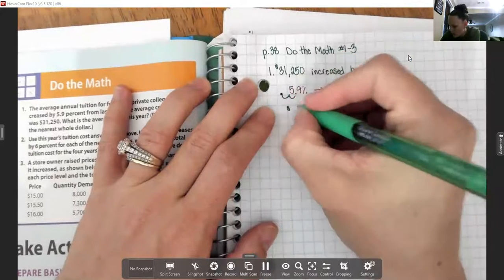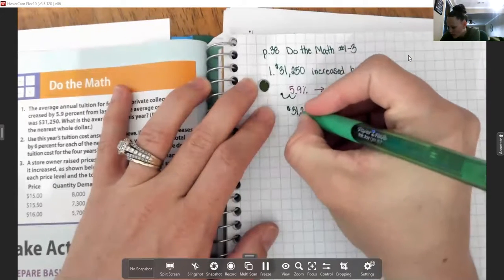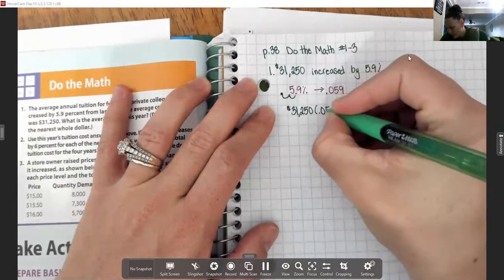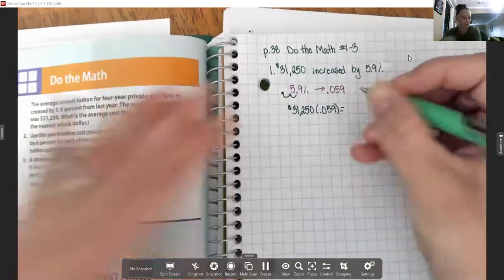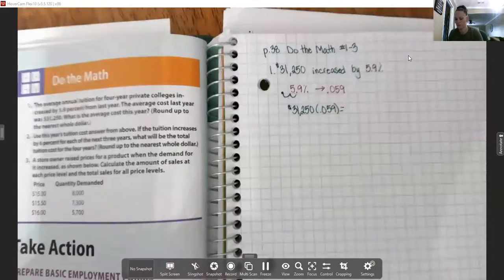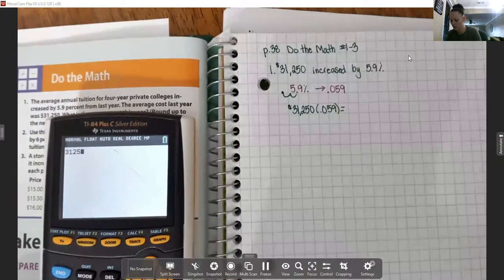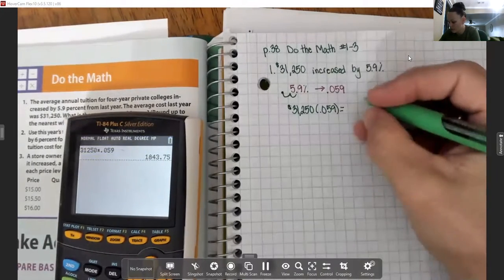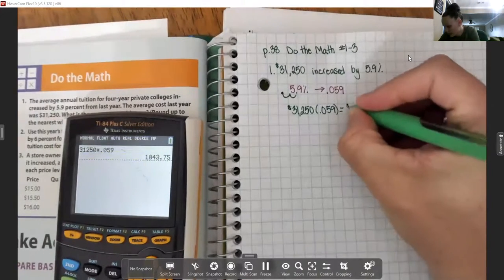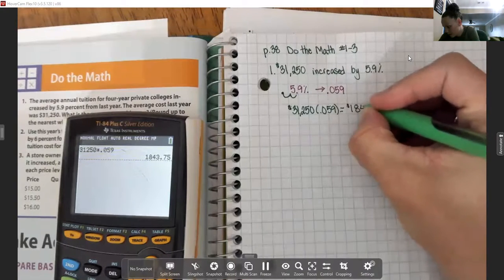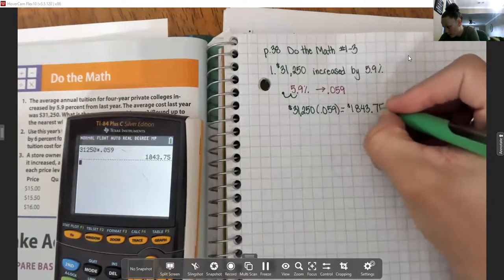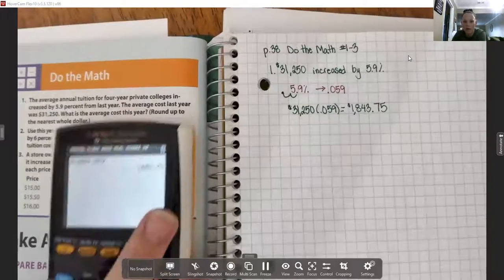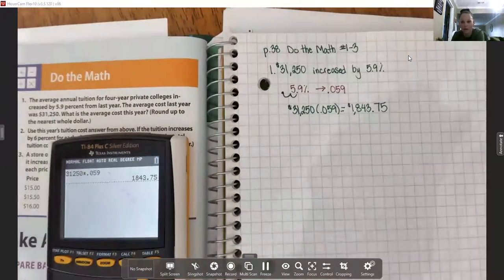So $31,250 times 0.059 is $1,843.75. But remember, it says round to the nearest whole dollar.